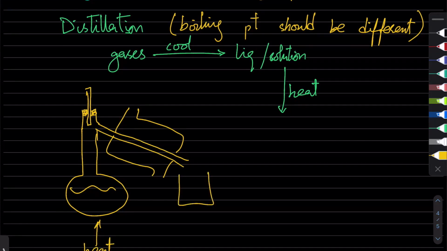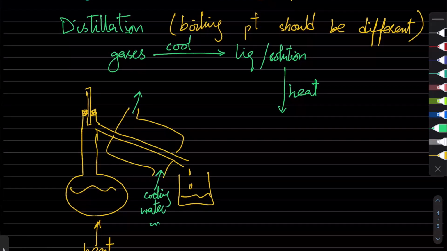Over here, I should not seal this, and I will get the droplets out. One important point is that the diagram should show how the cold water or the cooling water comes in and goes out. That's one thing that must show. And of course, this must be sealed and this must be open. These are the three main points that you need to know about.